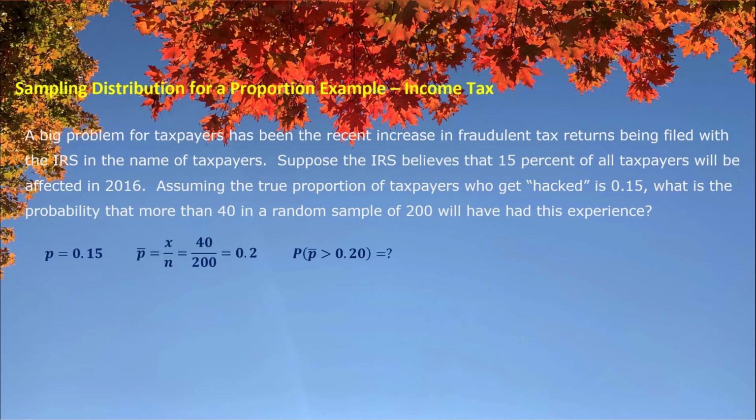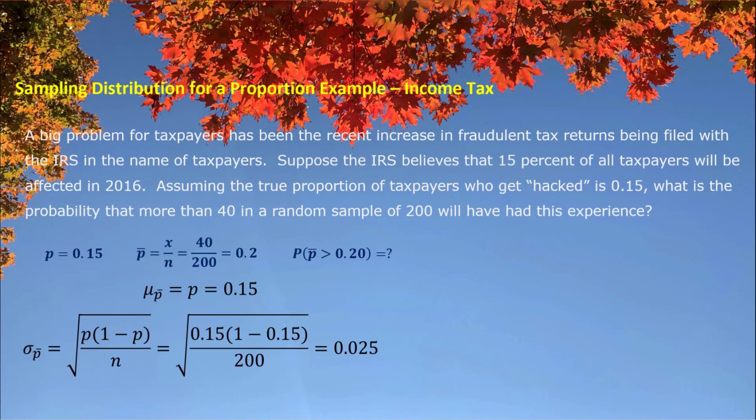We are looking at the chance that, for any random sample, the sample proportion would be bigger than 20%. The corresponding normal distribution for this sample proportion has an average the same as the population proportion, and a standard deviation, by calculating this square root, of 0.025.